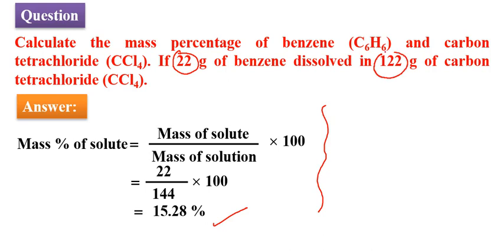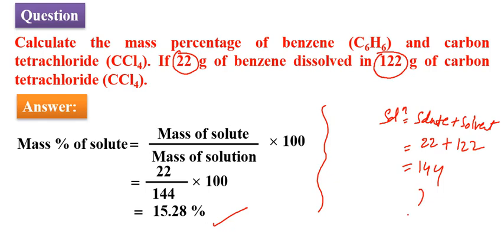Solvent is this one, but we need the solution. Solution equals solute plus solvent. Solute is given 22, solvent is given 122, total 144. This 144 only we are substituting here. Okay, then the formula is fixed.